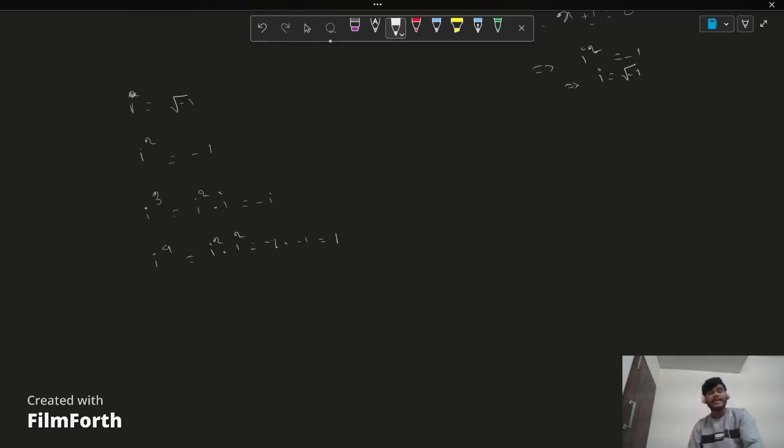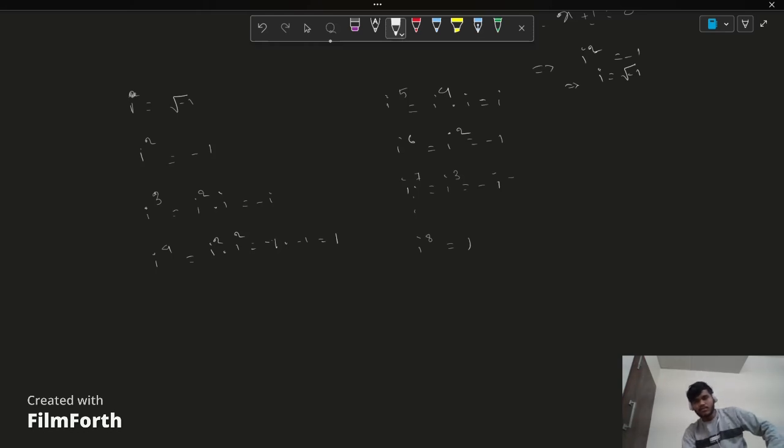Now the values of i square, i cube and i to the power 4 will repeat themselves. I to the power 5 we can write as i to the power 4 into i, that will be i. I to the power 6 equal to i square. We can see a pattern here, right? I to the power 7 will be i cube, that will be minus i, and i to the power 8 will again equal 1.